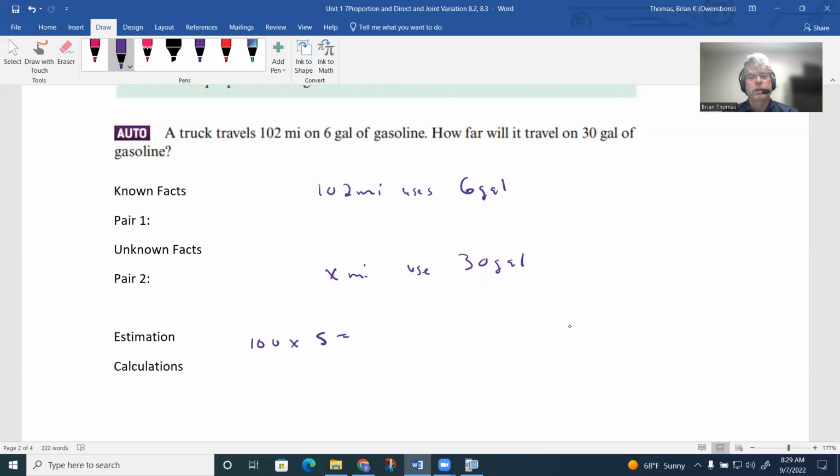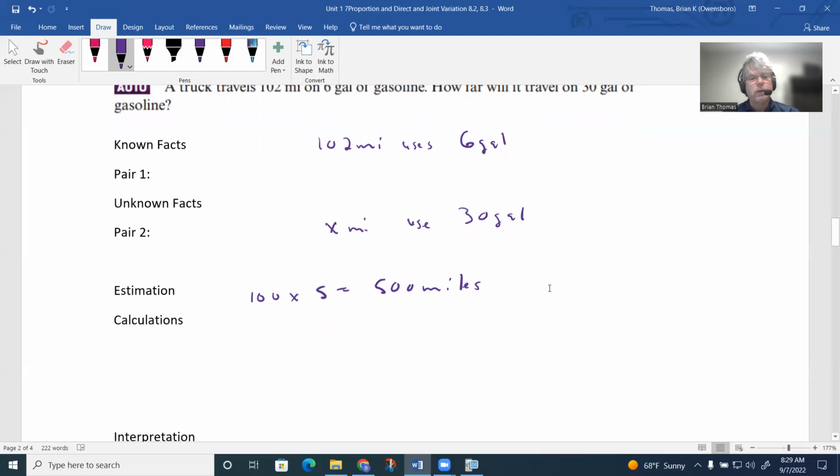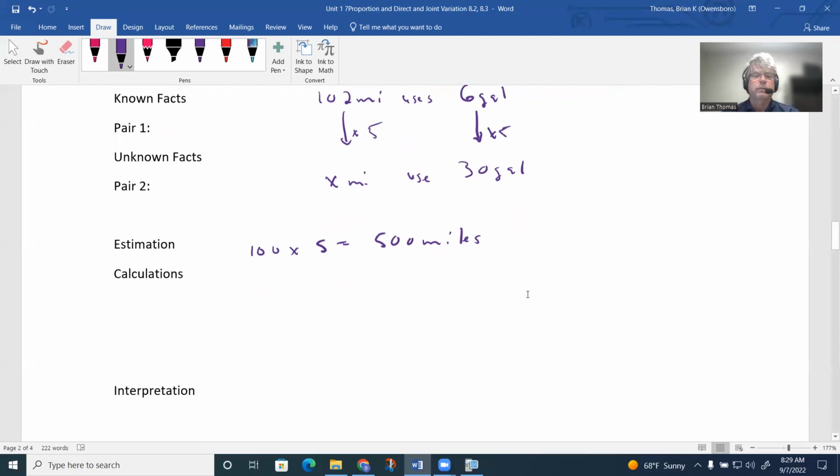That'd give me like 500 miles. So we can see a pattern here that I increased by a factor of 5, and that's going to give me my answer. So that's how I could actually use estimation.